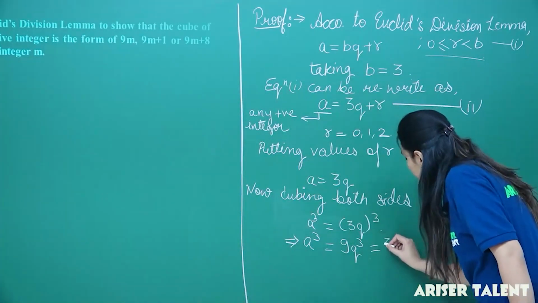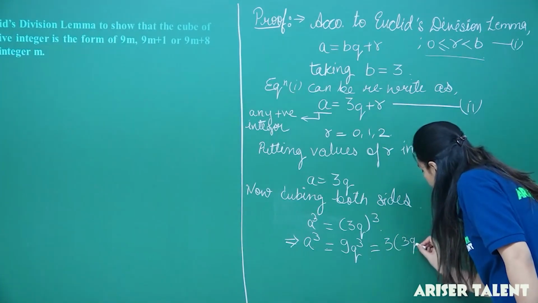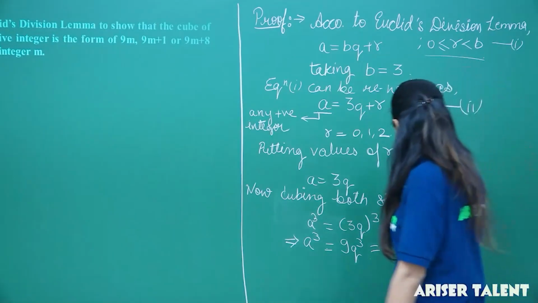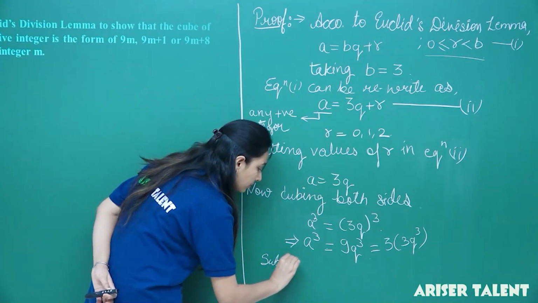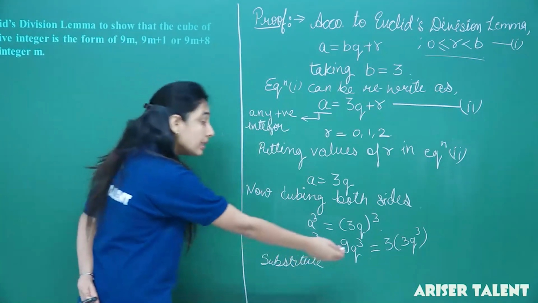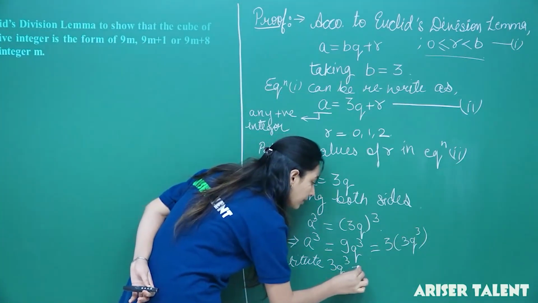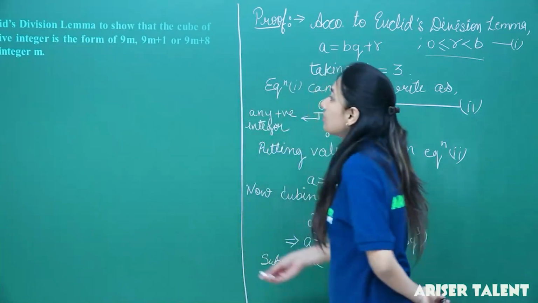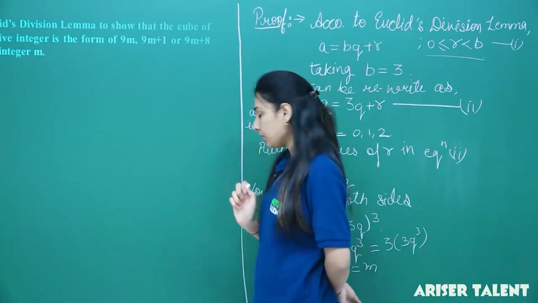Can we write this as 9 multiplied by 3q cube? And let me substitute this 3q cube as m, where m is some integer as given in the question.